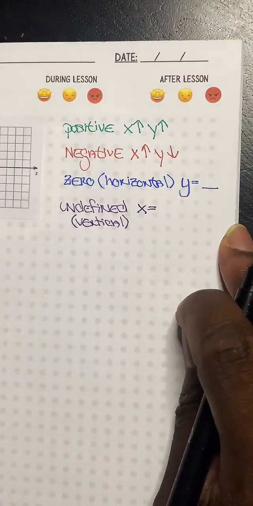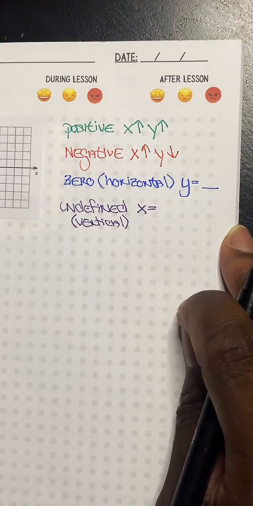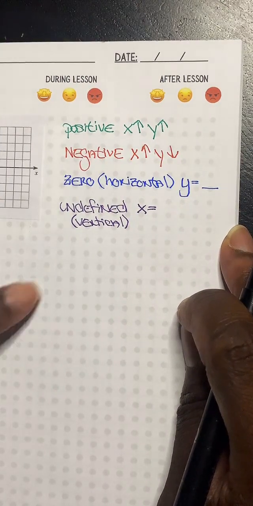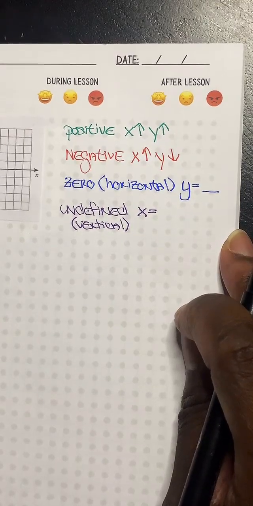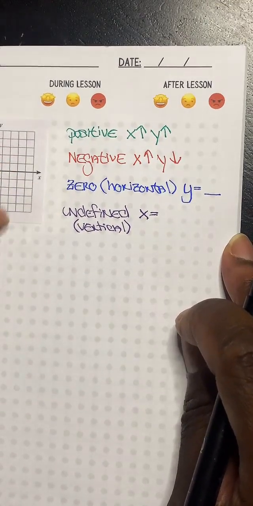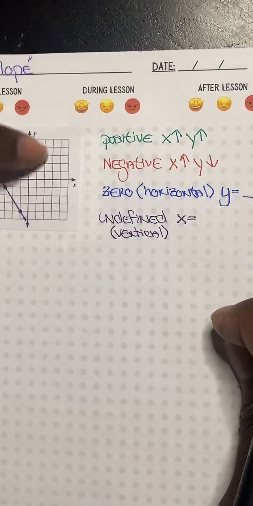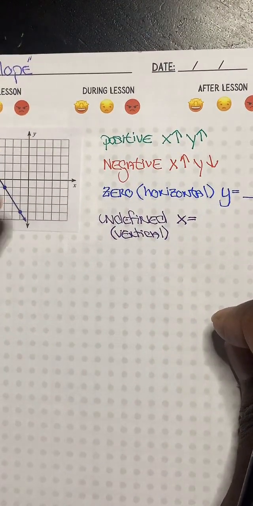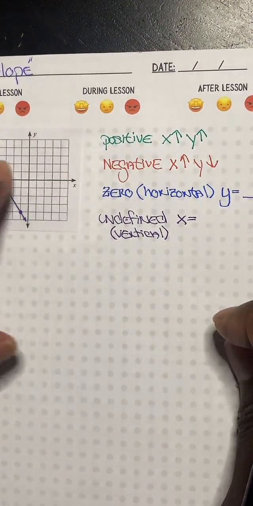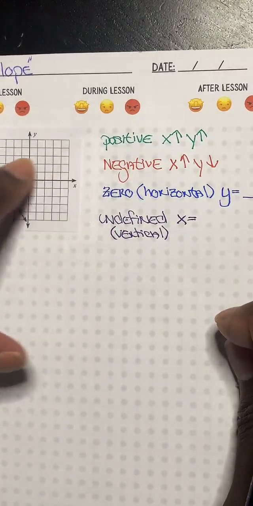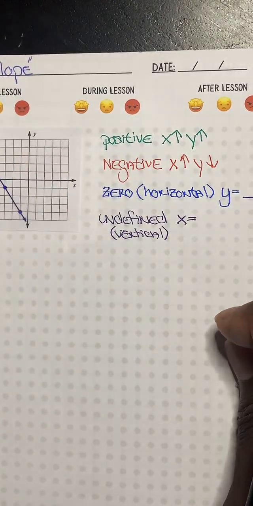Okay? So when we're taking a look at this, your undefined goes up and down. It only crosses the x-axis. Your zero is your left or right. It only crosses the y-axis.